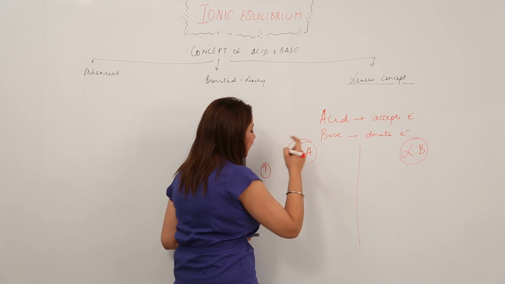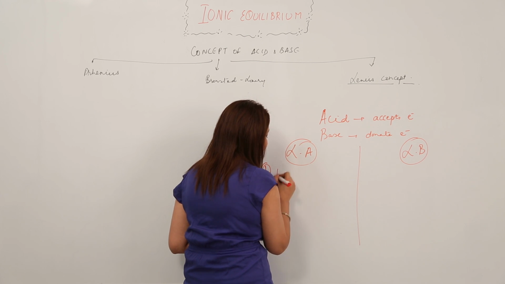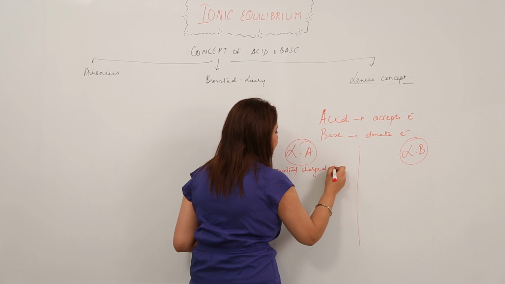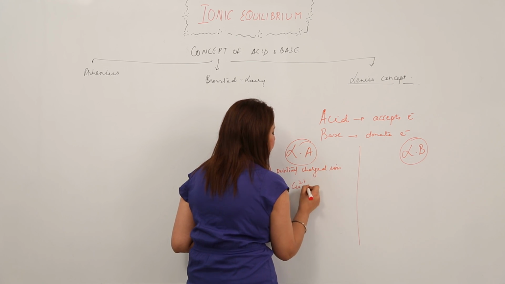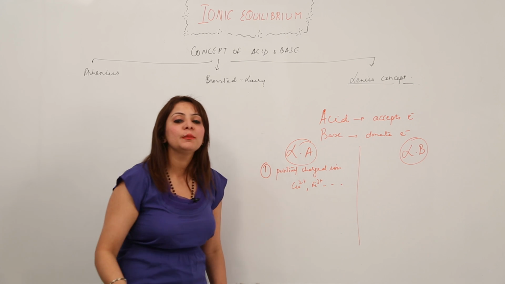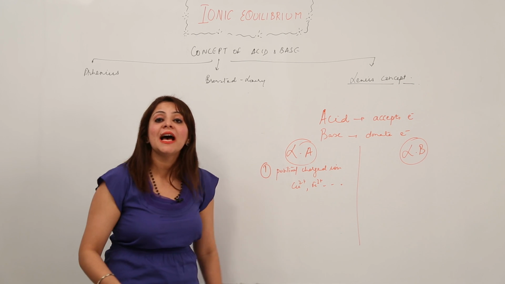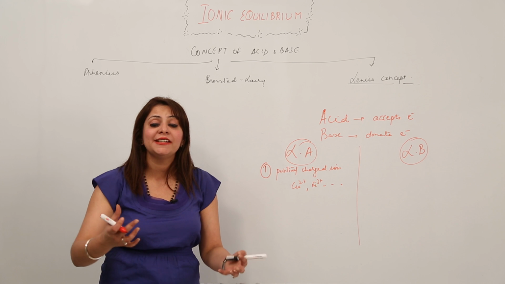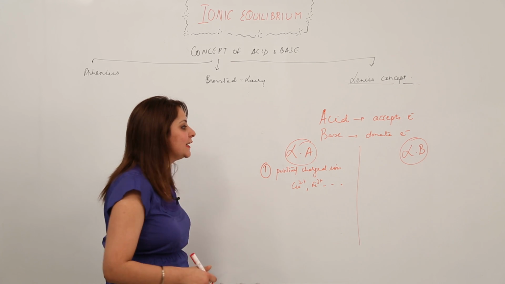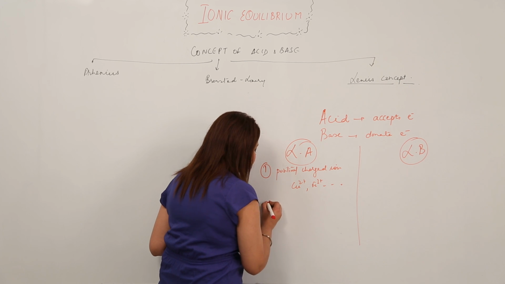They are the ones which carry the positive charge. That means the positively charged ions like Cu2+, Fe3+. We have many more ions. You know that the atoms with the positive valency can act as the Lewis acid because they have positive charge. They are in serious need of the electrons just to neutralize their charge. So they act as Lewis acid.